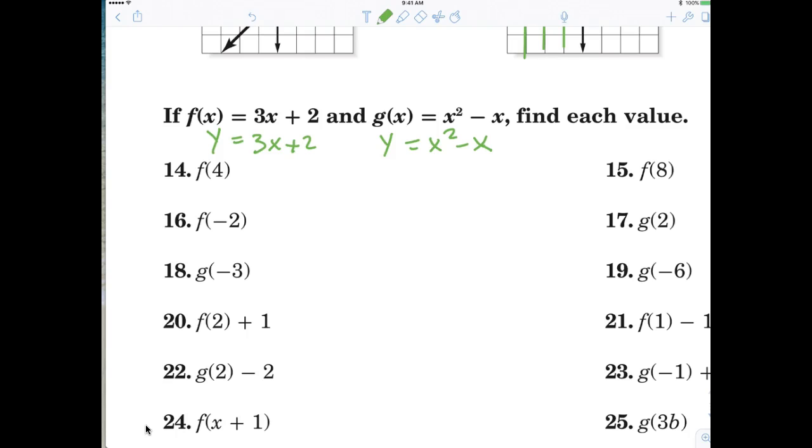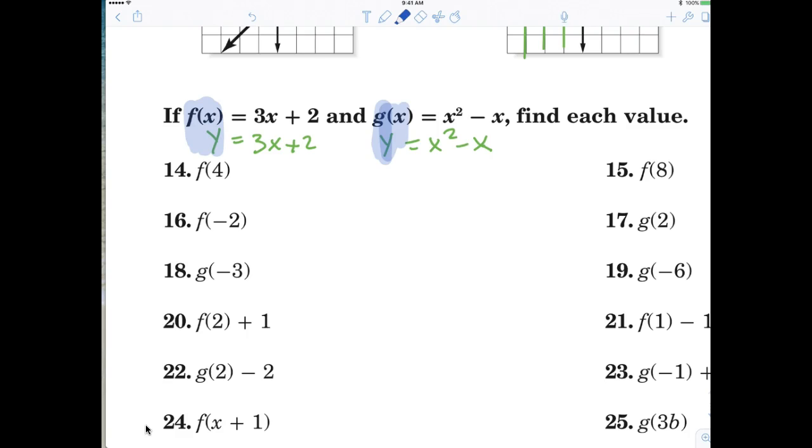Now, let me make sure you understand this. f of x and y are the same. g of x and y are the same. You can interchange g of x and y. They mean exactly the same thing.